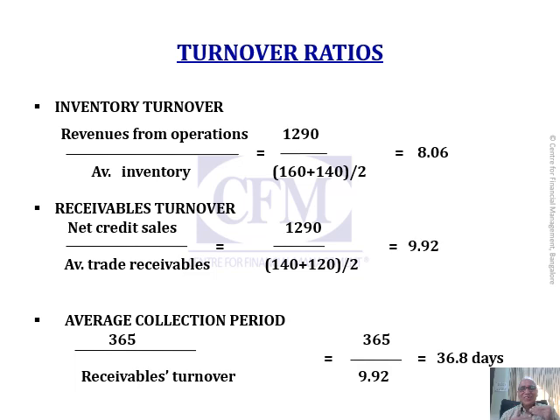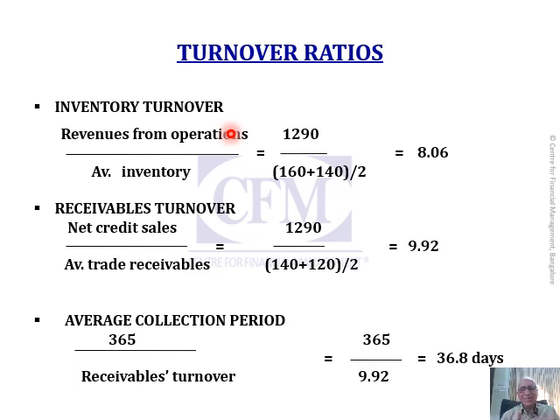Turnover ratios reflect the efficiency with which the assets of the firm, such as inventories, receivables, and fixed assets, are deployed. The key turnover ratios are listed here. Inventory turnover is defined as revenues from operations divided by average inventory. Revenues from operations is a flow measure, inventory is a stock measure.